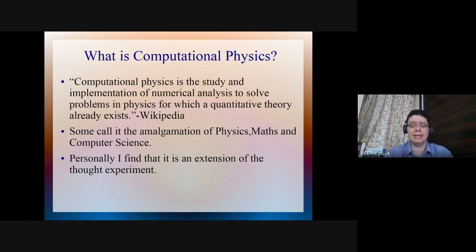Now, what is meant by numerical analysis? Suppose in physics, mostly what we do is we try to get a differential equation and then integrate it and get an answer. So how do you integrate a differential equation? You can do it by hand for a certain set of differential equations on pen and paper, but our focus is computational physics, so we must understand what is meant by numerical analysis in that context.